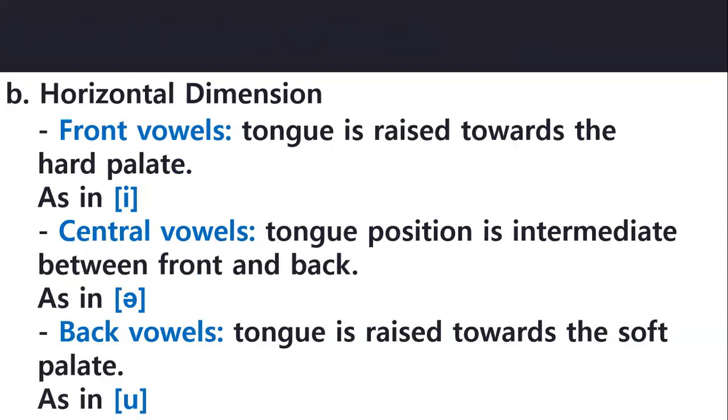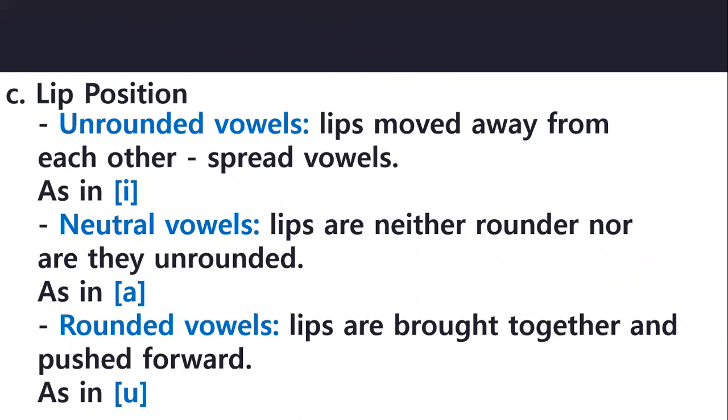Next we have the horizontal dimension. Front vowels where the tongue is raised towards the hard palate, as in E. Central vowels where the tongue position is intermediate between front and back, as in E. And back vowels, where the tongue is raised towards the soft palate, as in U. Now we have the lip position.